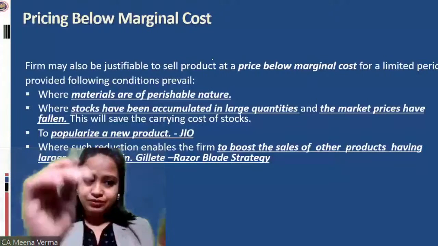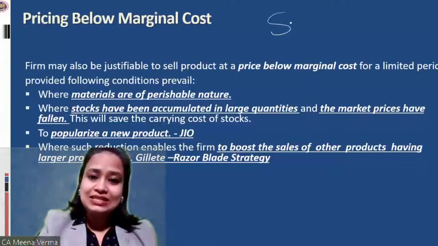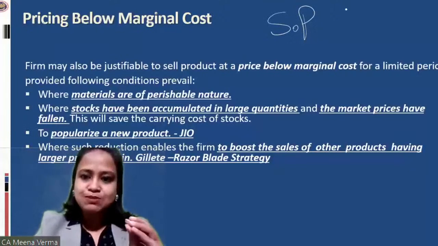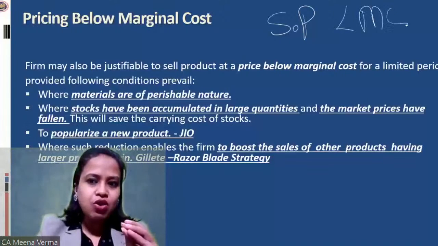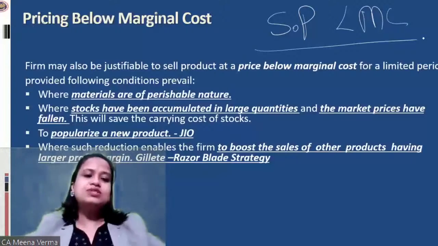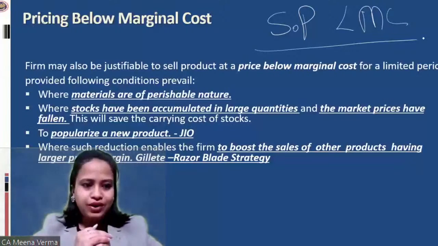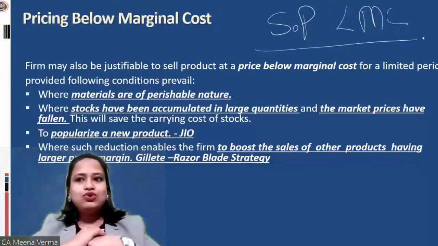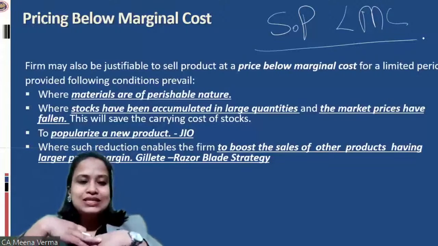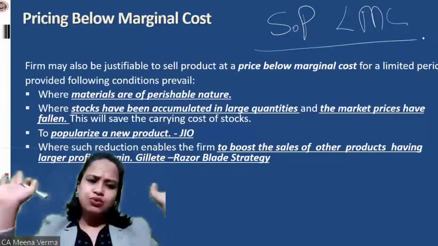Now let us consider deciding the selling price of goods and services below the marginal cost, meaning below the variable cost. If such circumstances arise in your organization where you have to sell your product for less than the marginal cost, it is better to shut down your business.